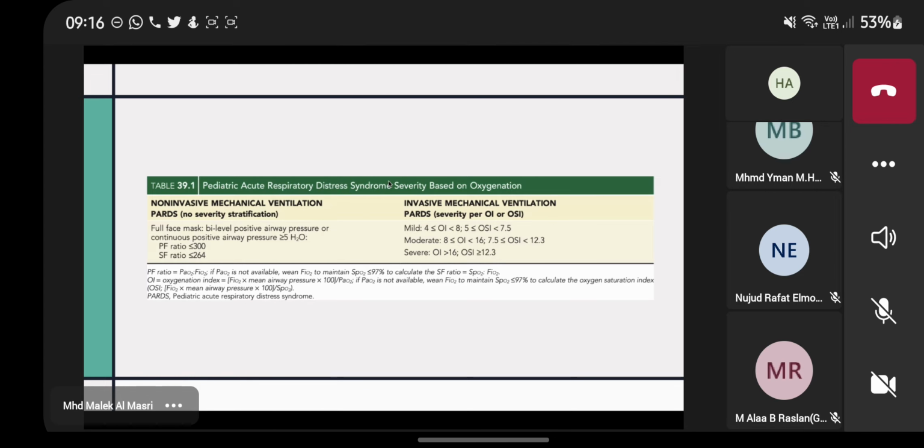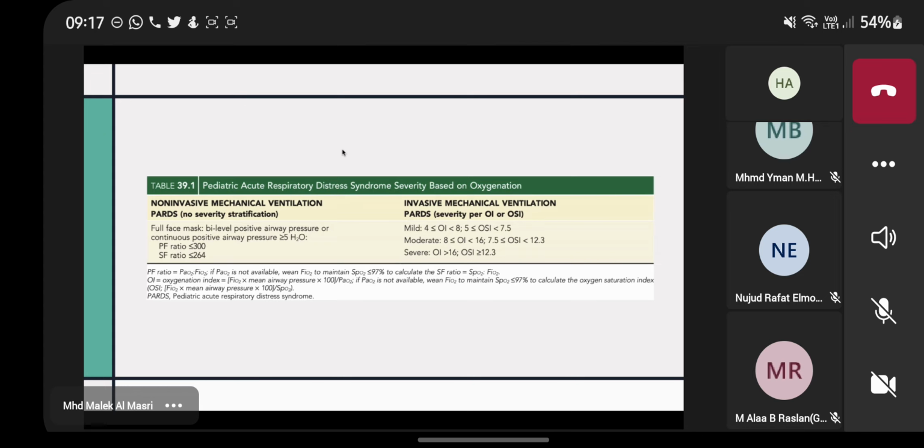Now, this table is taken directly from Nelson's Essentials of Pediatrics. We have two types of PARDS. One of them is non-invasive and the other requires invasive mechanical ventilation, depending on the severity. We need to calculate two ratios, or one is enough if the other isn't available. The PF ratio is the partial pressure of oxygen to the fraction of inspired oxygen.